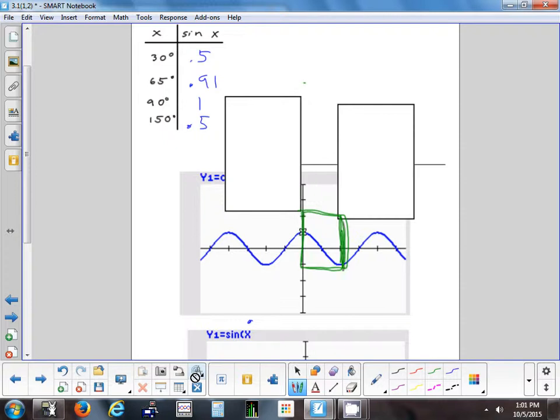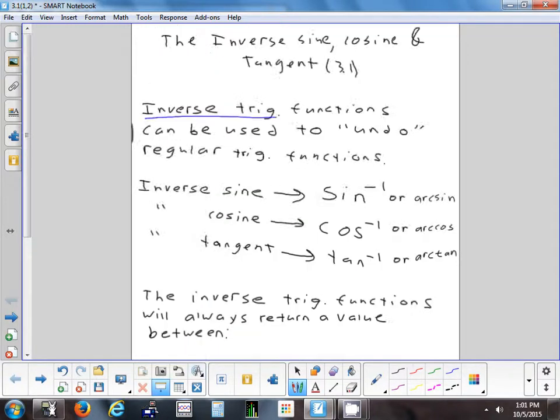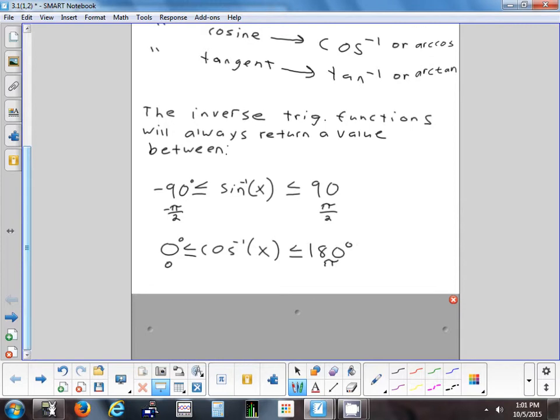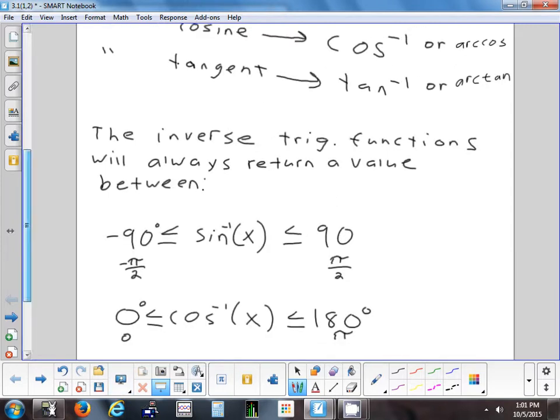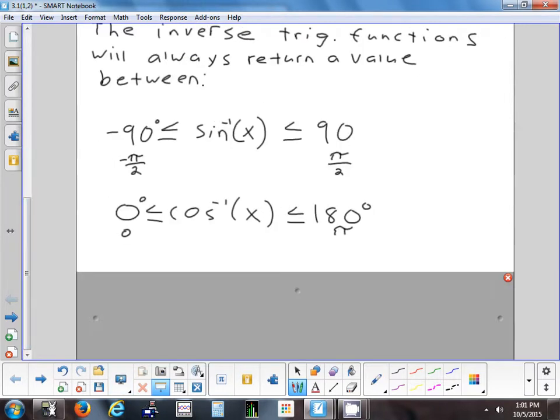From this mark to this mark. Well, how about the one on the left? 0. Yeah, that one's 0. And how about this second mark right here? 180. All right, so for cosine, if we limit our answers to be between 0 and 180, you're only going to get one answer. So that's what you want to do for inverse cosine. And if you're working in radians, that's 0 to pi.